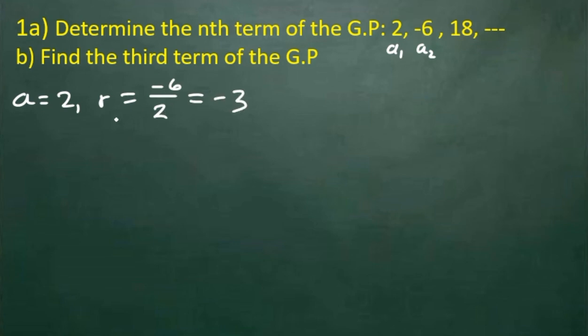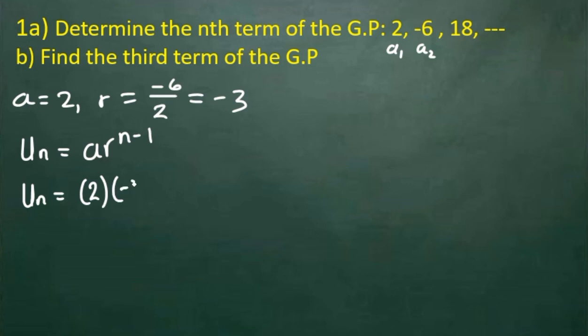So we are to determine the nth term. We use the expression Un equals AR to the exponent of n minus 1. Here, A is 2 and R is minus 3, and n minus 1 remains.